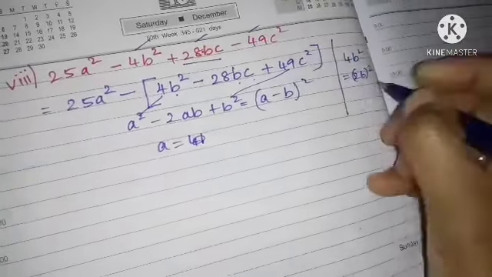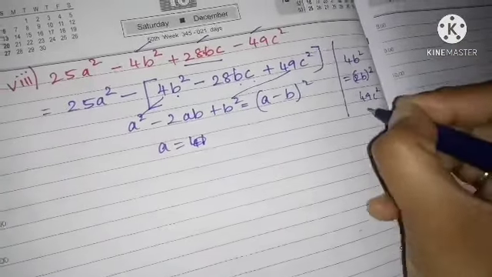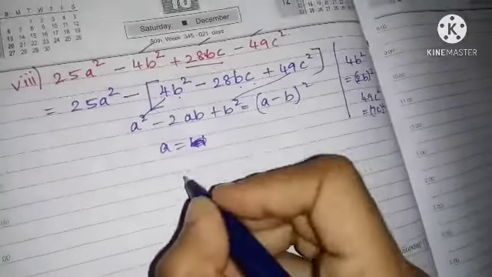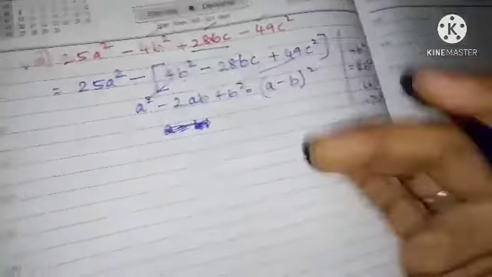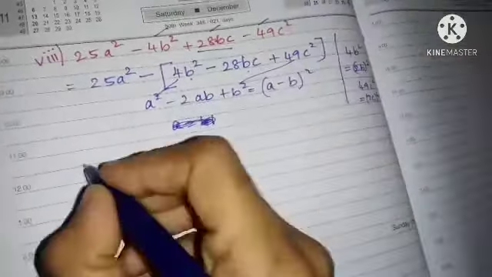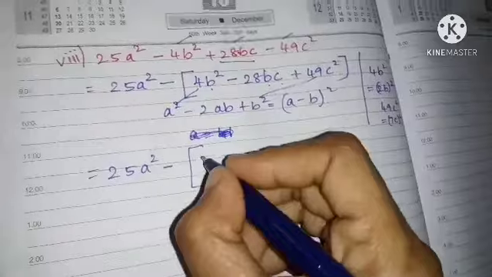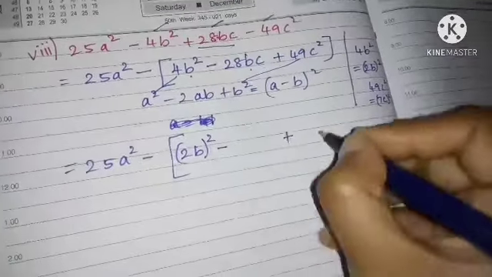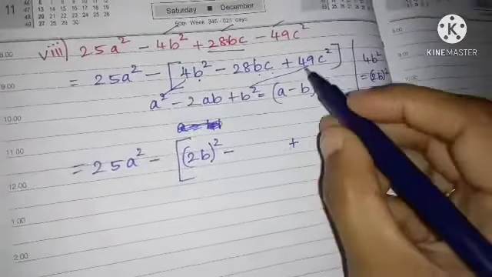Next, 49c square can be written as 7c the whole square.